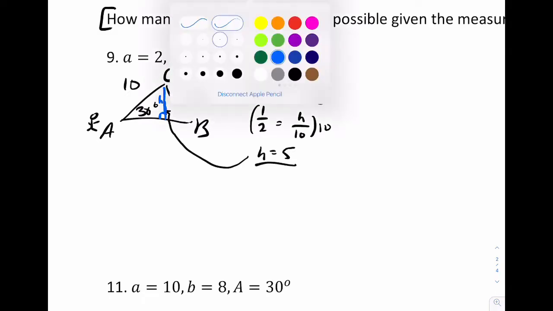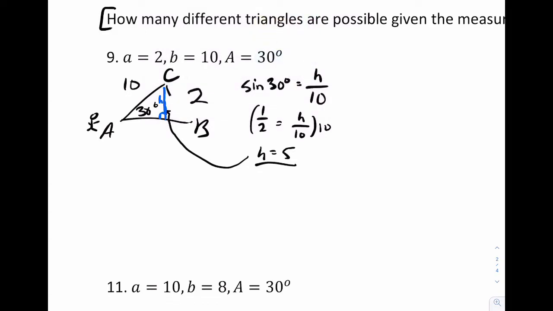So really think about this. How many triangles are possible? 0 triangles, 1 triangle, or 2 triangles? The answer, 0 triangles. The reason for that is because look at this leg right here. It's 2. There's no possible way that this leg can ever reach down there.